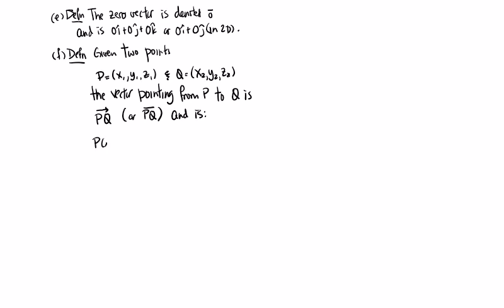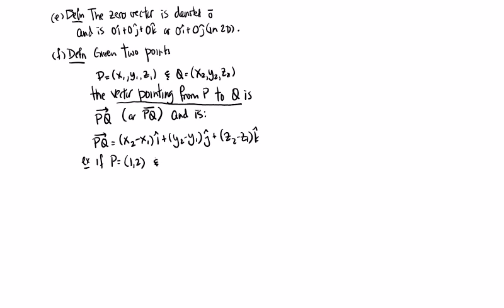And all you do, very easy, is you take the one you're going to, so from P to Q, let me underline this, and you subtract. So x2 minus x1 i, y2 minus y1 j, z2 minus z1 k. Now, it's pretty easy to see why you subtract these. Let me just show you an example, and I'll do it in 2 dimensions because it's easier to see.